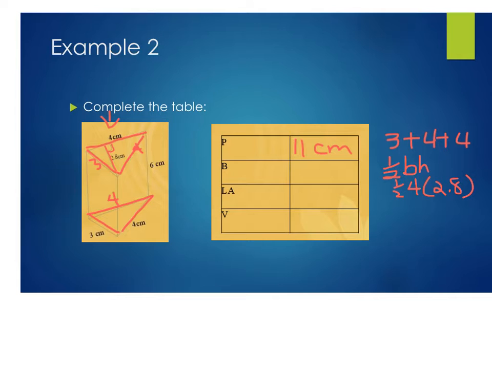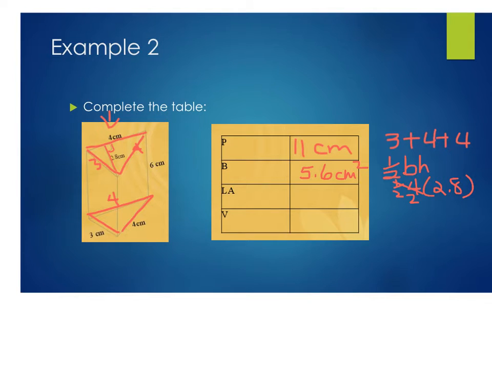I'm going to multiply that by 1/2. I could simplify here, change this to a 2, and then 2.8 times 2 is 5.6 centimeters squared.